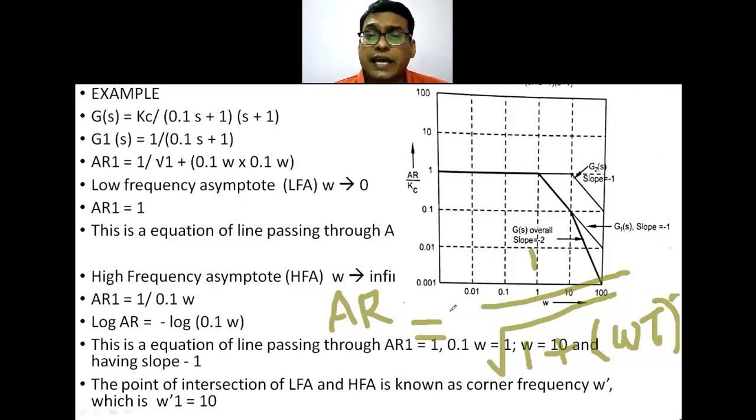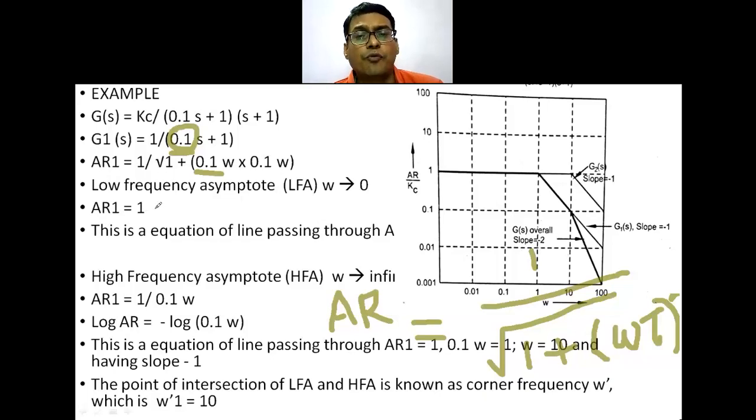So the same thing I am going to write here: amplitude ratio is equal to 1 upon root of 1 plus (0.1 omega) whole square. In this case, tau is 0.1, since tau s is 0.1 s. So I am writing 0.1 omega into 0.1 omega.